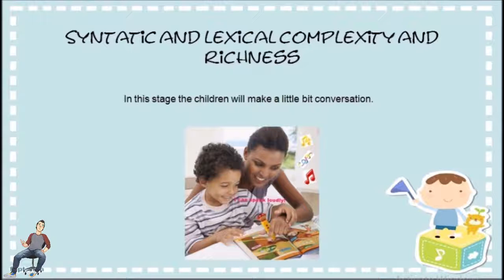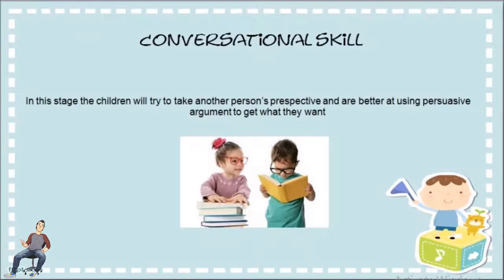It happens at 6 to 7 years old. And the last stage is conversational skill. Sometimes in this stage, older children try to take another person's perspective and try to give an argument.